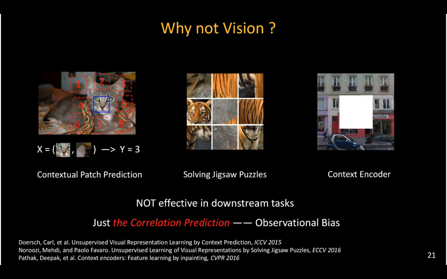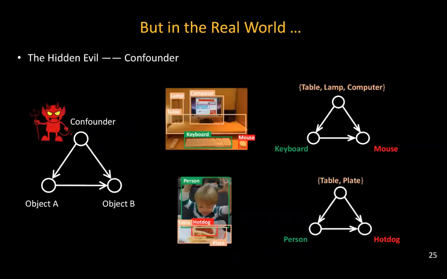Whatever the task, the reason it's not effective is because the correlation prediction has some observational bias. Observational bias means that, just like if we can say whether we have an example.